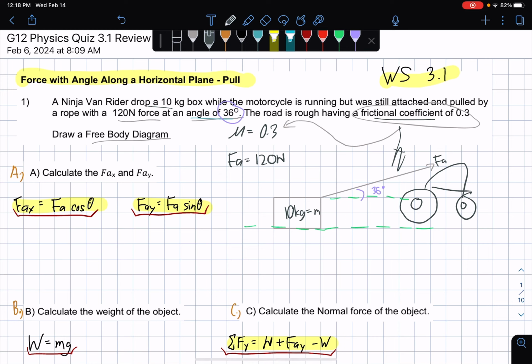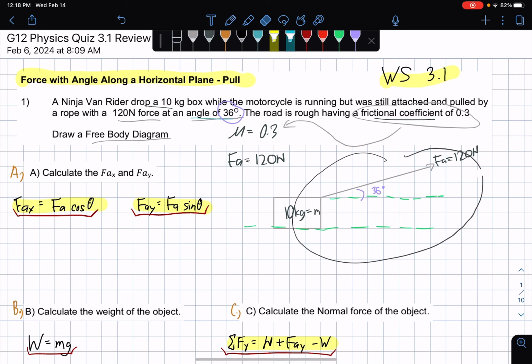I don't really have to place that motorcycle anymore. Now we end up with this kind of illustration. So we do have all the things that we need to look for FAX and FAY.